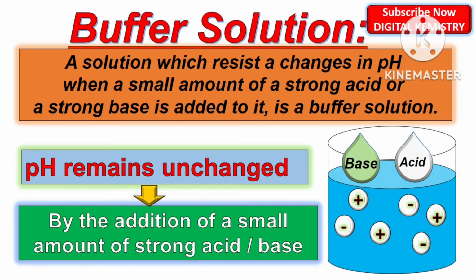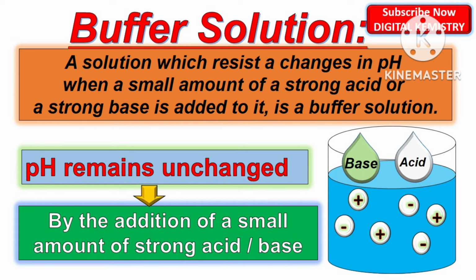Upside and down both become the same, so they cancel out. Then you will get log 1. Log 1 is equal to 0. It means you will get pH equal to pKa.